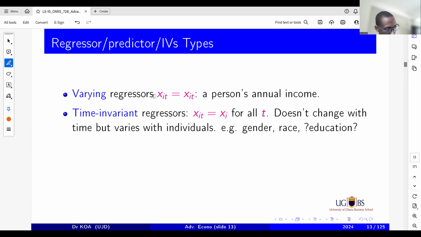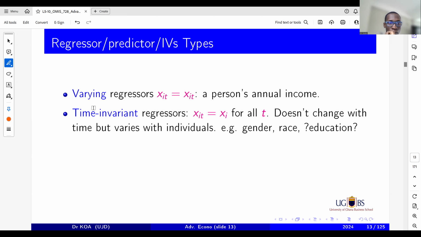The next regressor is a time invariant regressor, sometimes called time constant regressor. As the name sounds, it doesn't change with time. It's constant with time. It's fixed, sometimes even called time fixed. But is it changing with individuals? It's varying.